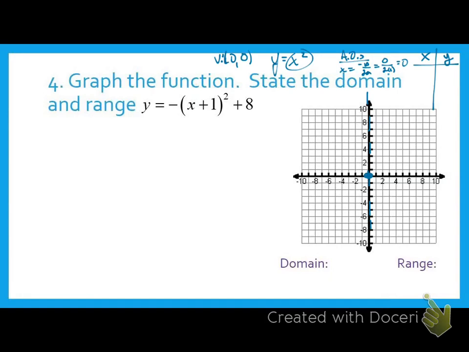All right, we talked about making sure we choose 2 x's that are on the same side of the axis of symmetry and making sure that they're as close to the vertex as possible. So I'm going to choose 1 and 2. That's going to be easy enough to plug into the function. If we plug in 1 to the parent function over here, 1 squared is just 1. If we plug in 2, 2 squared is 4.